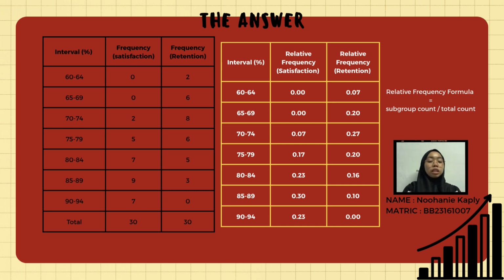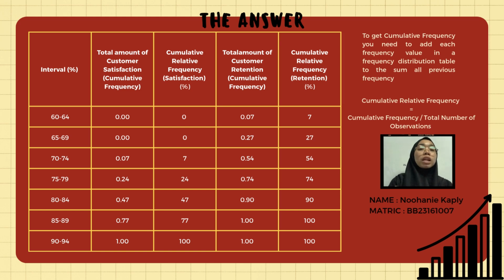For customer retention, the highest frequency is 70 until 74%, which is 8 customers, and the lowest is 60 until 64%, which is 2 customers only. For the cumulative relative frequency, as you can see on the table, satisfaction at 60 until 69 is 0, while retention is 7%.